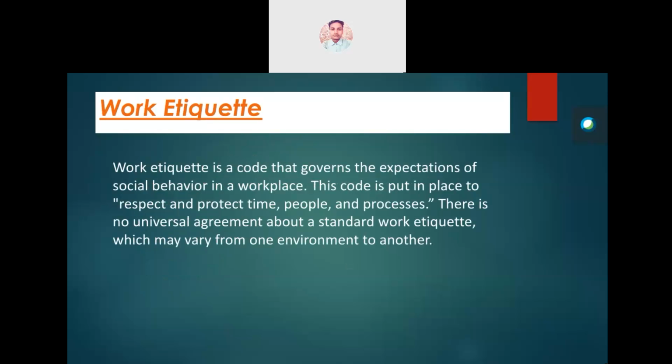This code is put in place to respect and protect time, people, and process. There is no universal agreement about a strong work etiquette, which may vary from one environment to another. Now move on to the next slide.